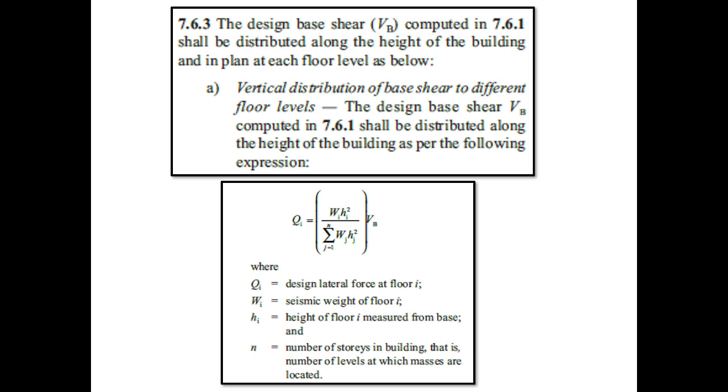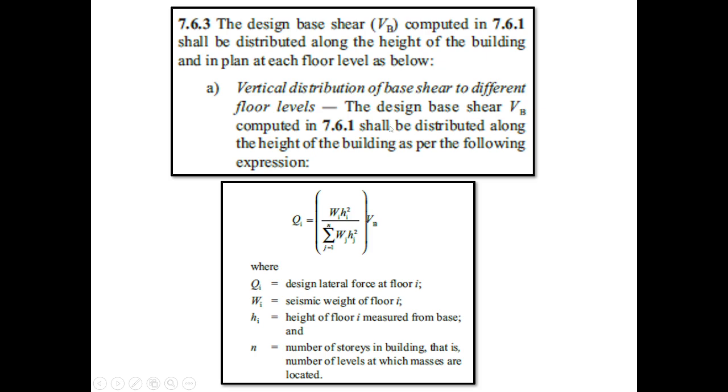Now going further, when we see clause 7.6.3, the design base shear VB, which is computed in clause 7.6.1, shall be distributed along the height of the building and in plan at each floor level as below. A, the vertical distribution of base shear to different floor levels.